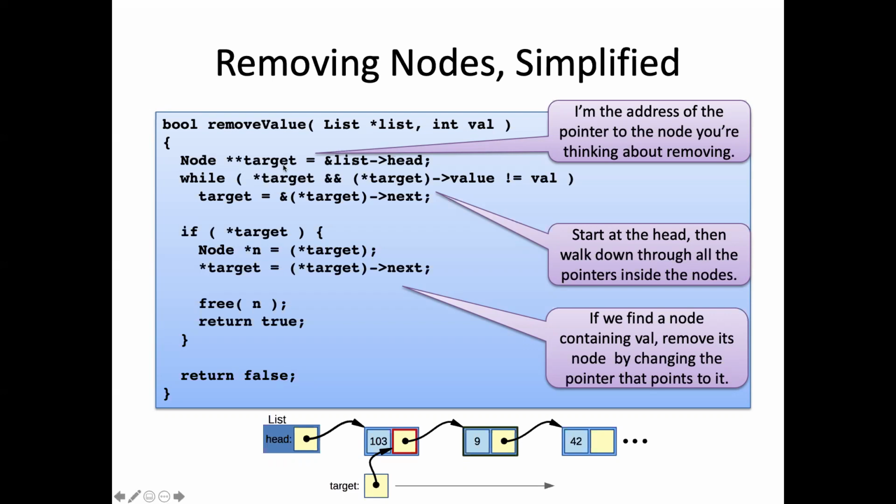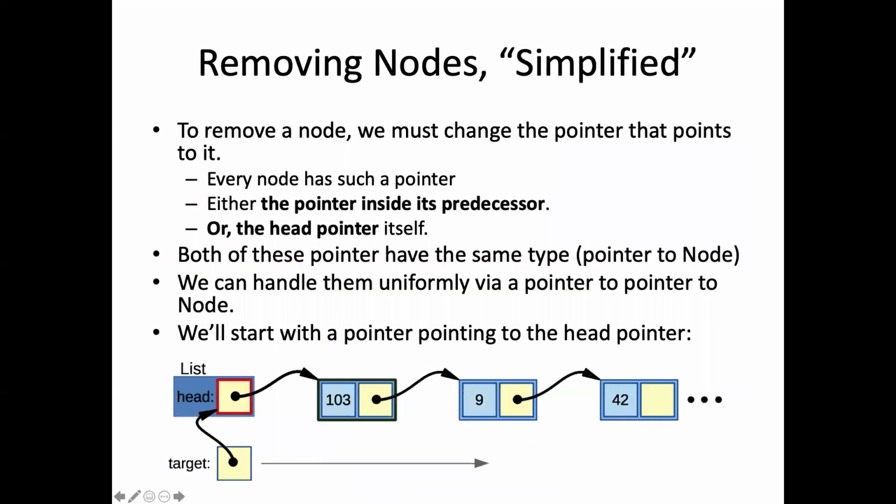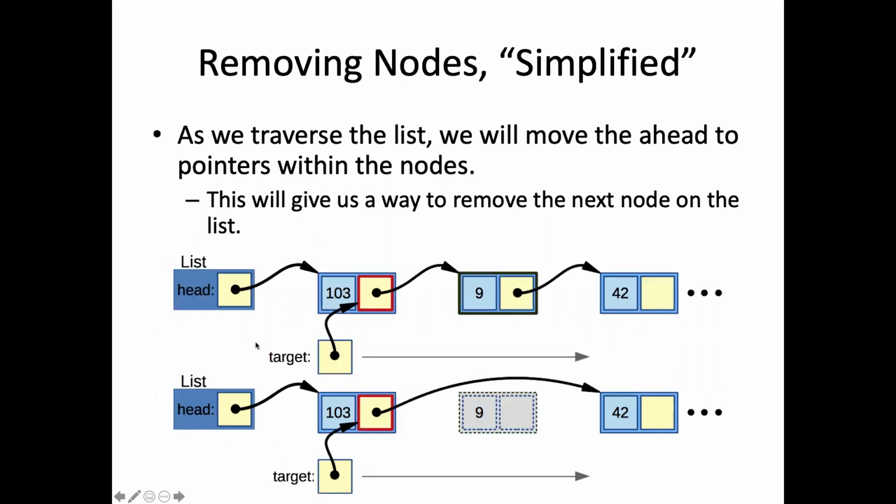When I start out, I think probably this picture shows it. When I start out, I want target to hold the address of the head pointer for the list. And then as I traverse the list, it's going to move down and next, say if the head pointer doesn't point to the node I want to remove, I'm going to step it ahead so that it points to the next pointer inside a node.